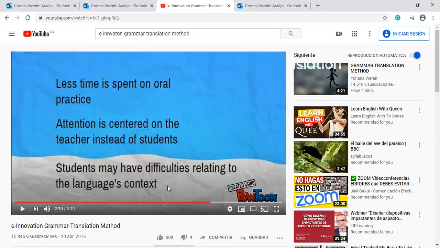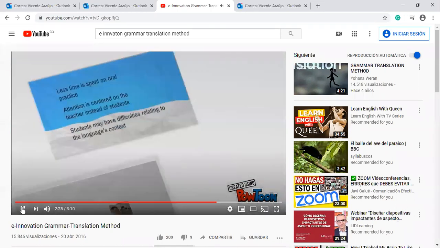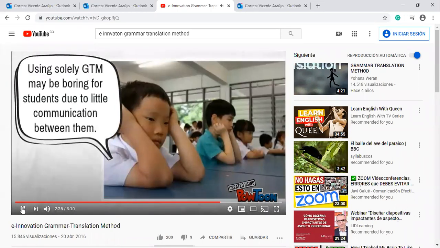Context is complex. The Indian context is not the same as the Spanish or Colombian context to understand a language. Using solely the grammar translation method may be boring for students due to little communication between them.